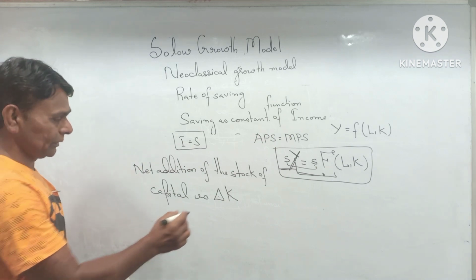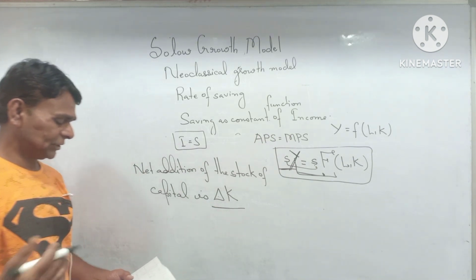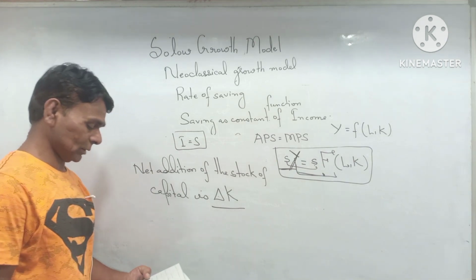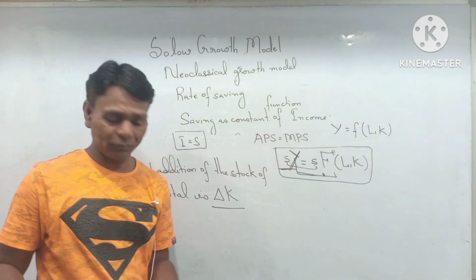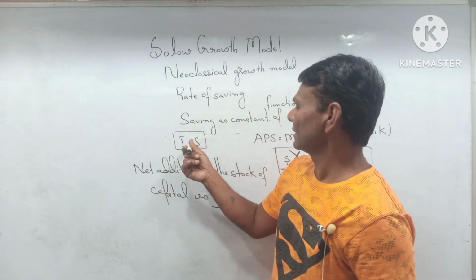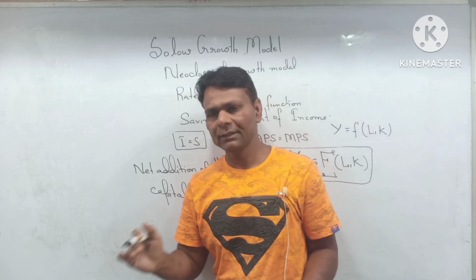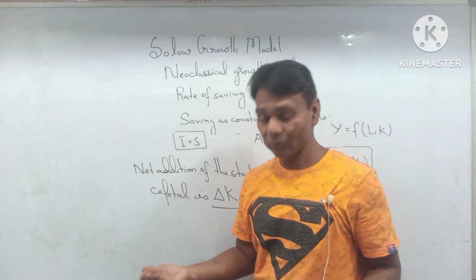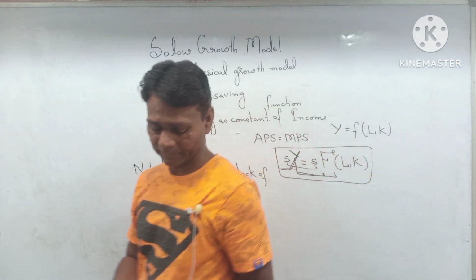It can be obtained by deducting depreciation of the capital stock during a period from the planned saving, that is, the planned investment, because saving equals investment.